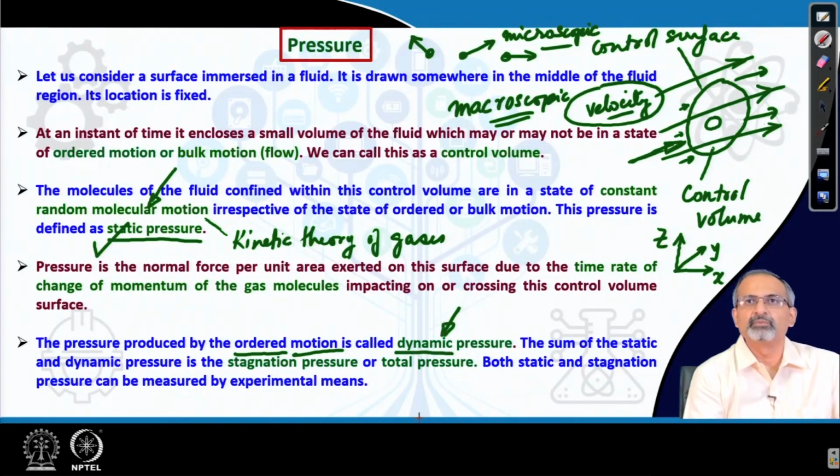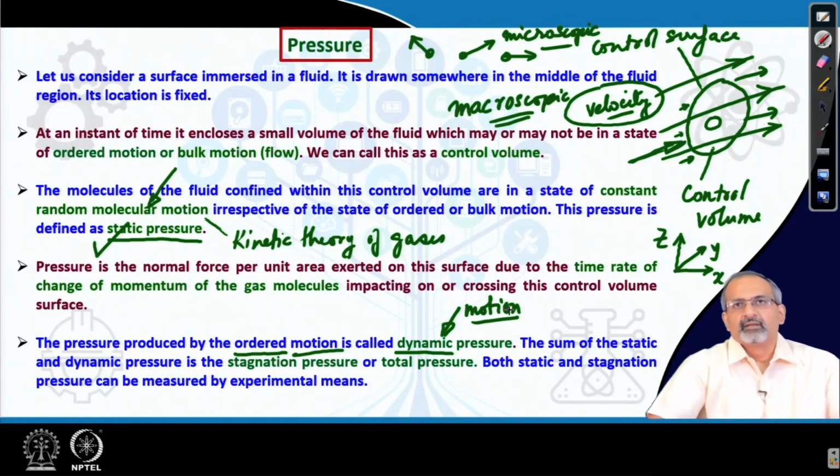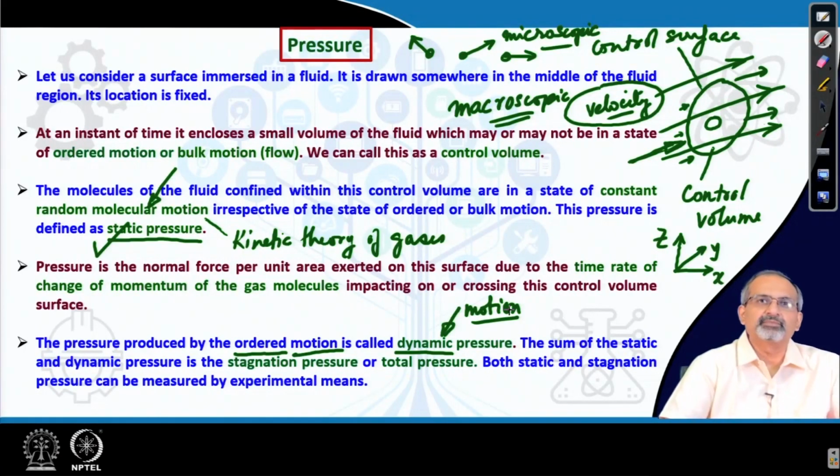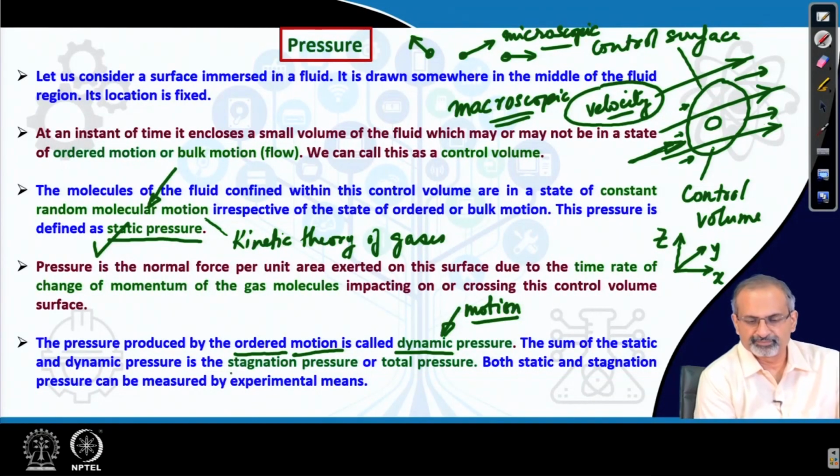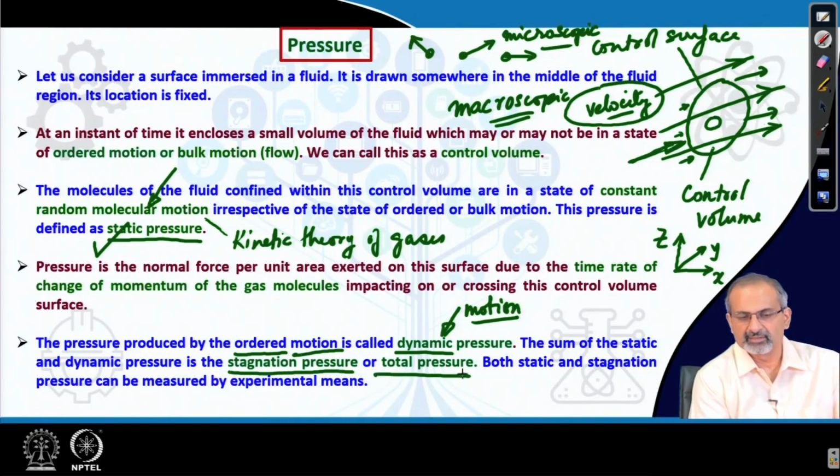It is easy to remember because it has the word dynamic, which means you have the motion aspect in a bulk sense, in a macroscopic sense. Now, the sum of the static and the dynamic pressure would give you another pressure which we call the stagnation pressure or total pressure. So, that is the sum total of the static pressure and the dynamic pressure.